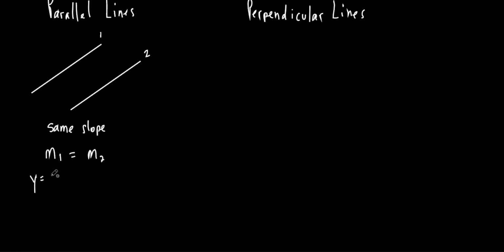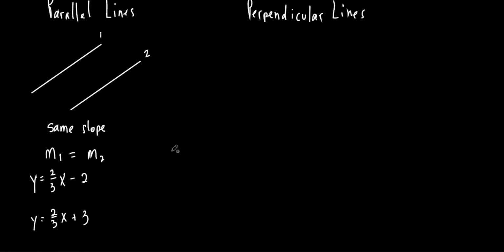So y equals 2/3 x minus 2. There's one equation. Let me give you another one. y equals 2/3 x plus 3. You see those two equations? What can you tell me about those two lines? I mean, you could graph them, couldn't you? Right? So if I graphed it, I'd put a point at -2 on the y-axis, and then from that point, I would rise 2 and run 3.